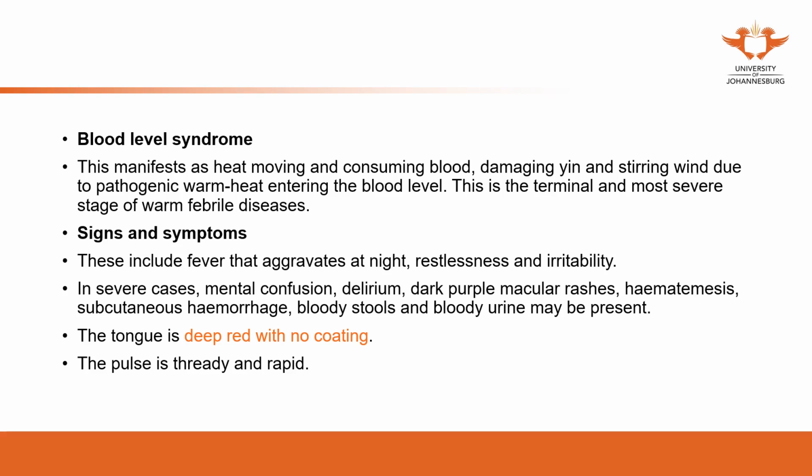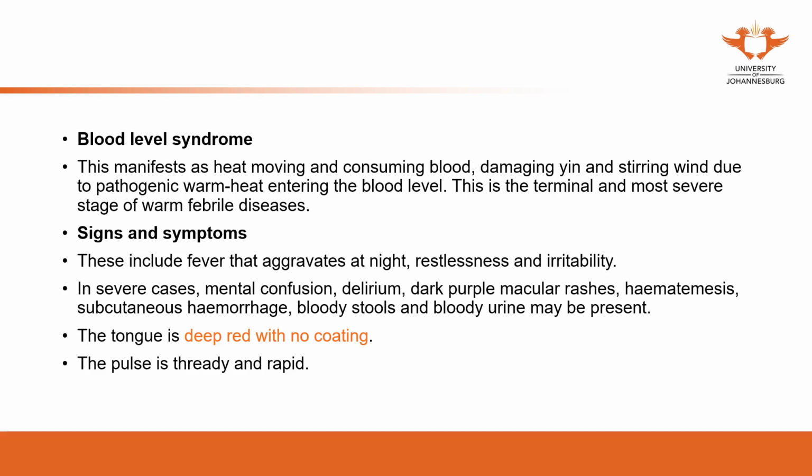In the blood level, the patient will have some bleedings: under the skin, bleedings in the intestines, bloody stool, or bleeding in the urine, bleeding nose, bleeding in the eyes, bleeding in the tongue, any kinds of bleeding.